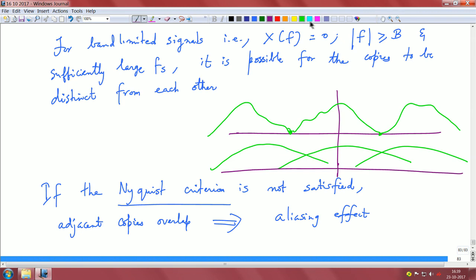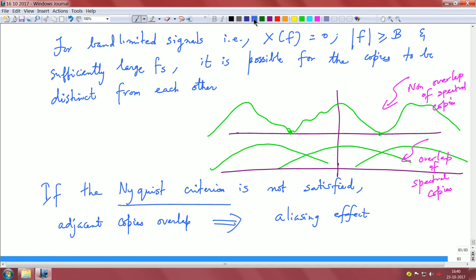So you can think about this overlap. Now, this is one of the reasons why normally people like to limit the band.